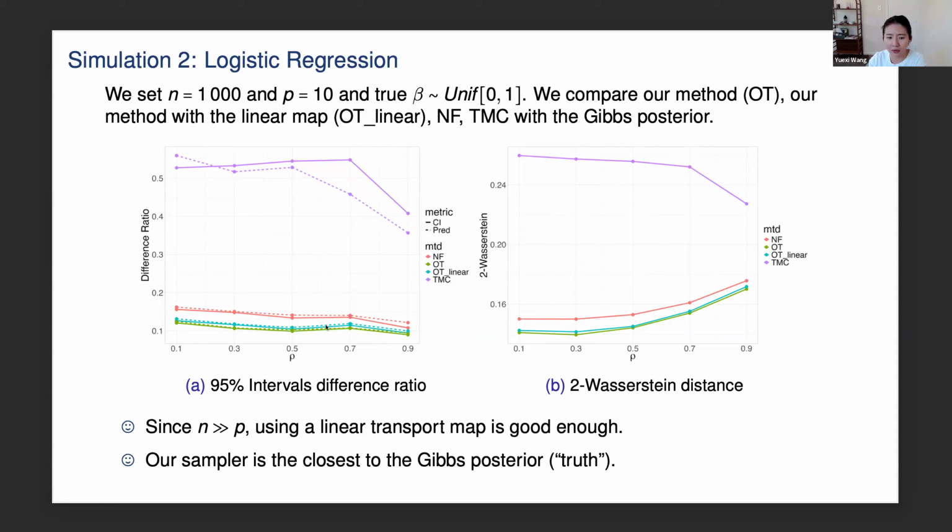It's very similar to the green one, where we use a more complicated construction of the convex function class. And even using the linear map, we are performing better than the normalizing flow. And the second plot is where we directly compute the standardized 2-Wasserstein distance between our posterior draws and the Gibbs posterior. And again, we have a similar conclusion that our sampler is closest to the Gibbs posterior, regardless of the correlation strength.